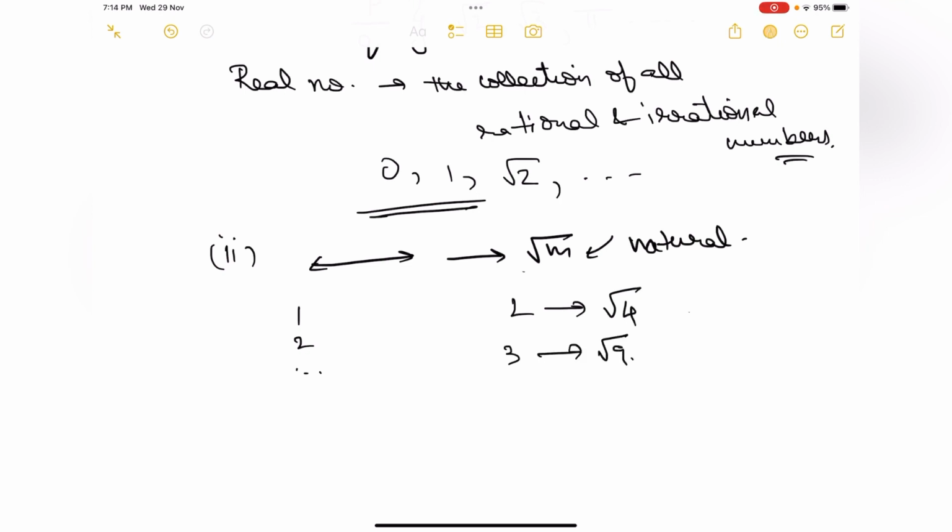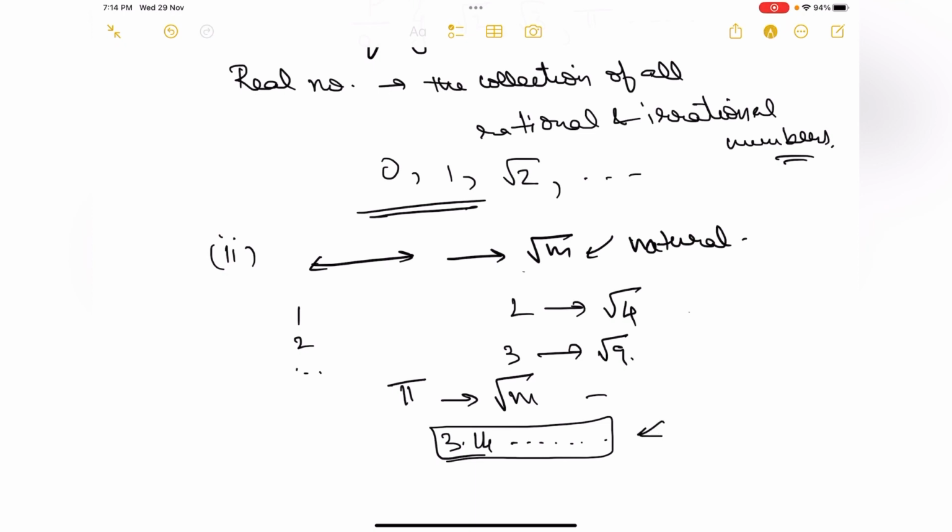But can a number like pi be represented as a square root of a natural number? No, right? Pi is 3.14, and it keeps on going. You can't represent this number as a square root of a natural number. So this is one example where we cannot represent a number on the number line in the form of root m.